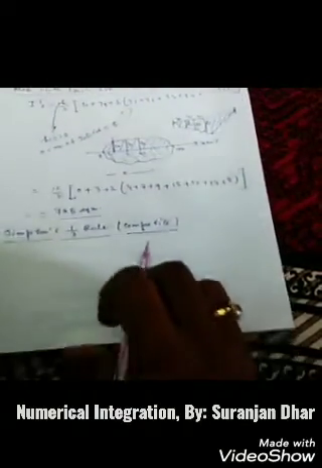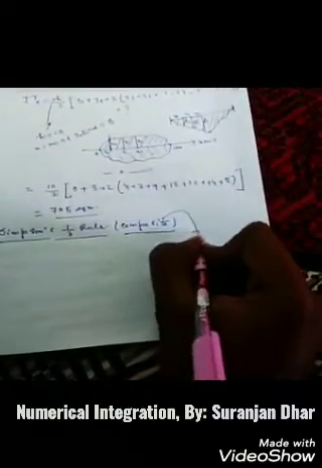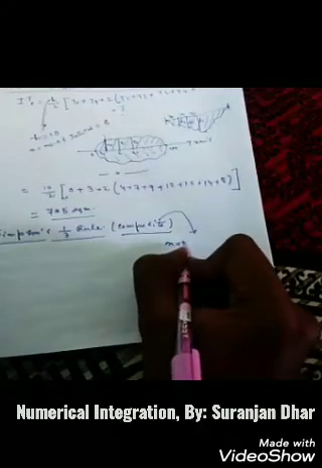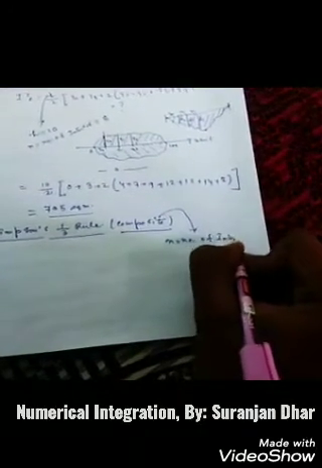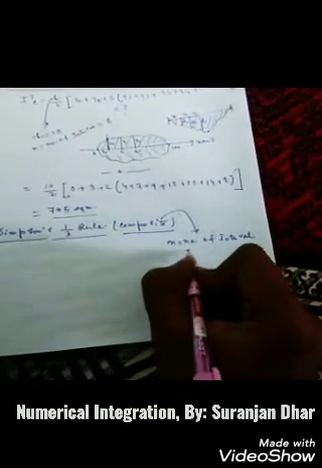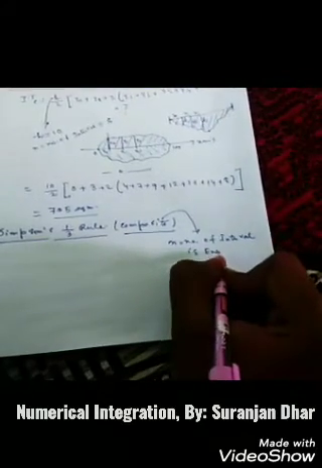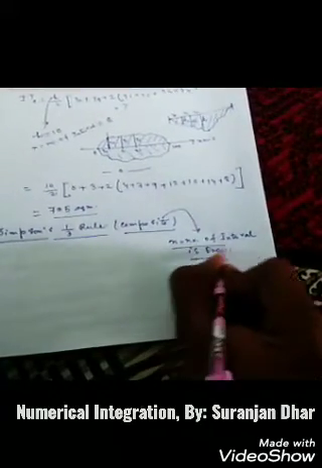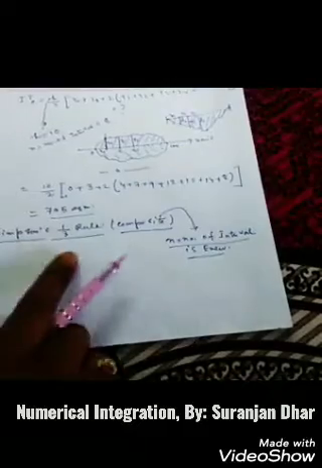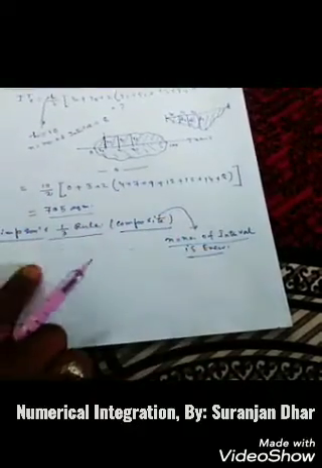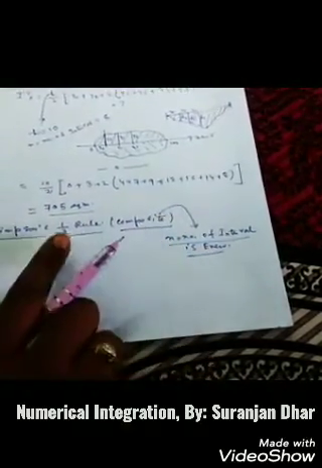Simpson's 1/3 rule is only applicable when the number of intervals is even. That means we can apply Simpson's 1/3 rule if and only if the number of intervals is even. If the interval is 3, it is not possible. If the interval is 4, we can apply Simpson's 1/3 rule.